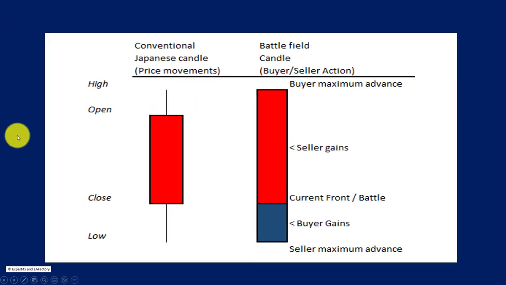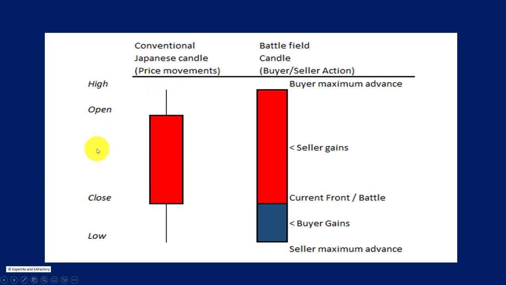Okay, so again here we see the two types of candles, and let's go through the Japanese candles. The Japanese candles monitor a few things. They monitor the high that the price has moved to, the low that the price has moved to, where the price opened in the period of the candle and where it closed in the period of the candle, and then it gives you an indication of what the net price movement was during the candle.